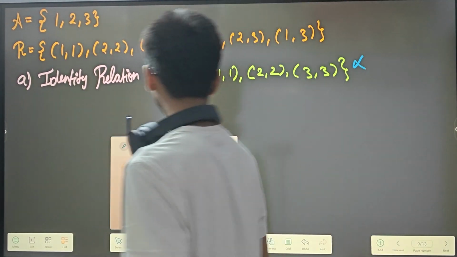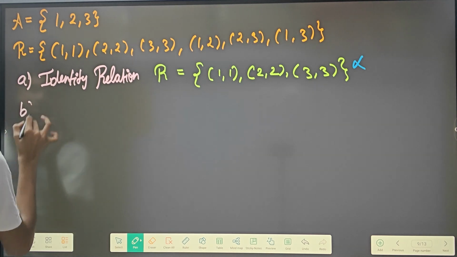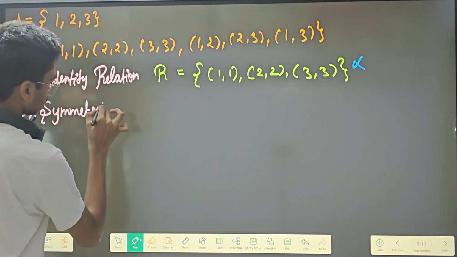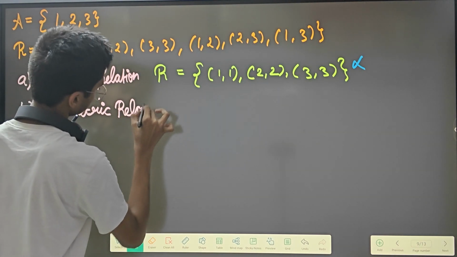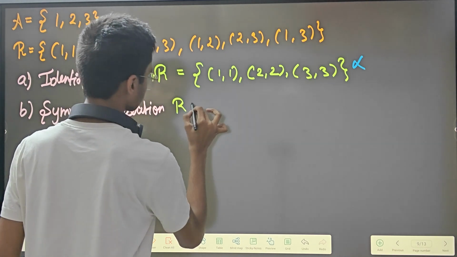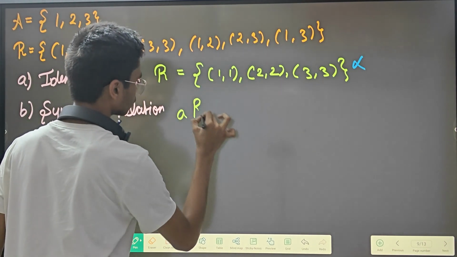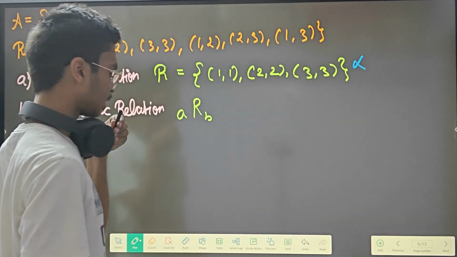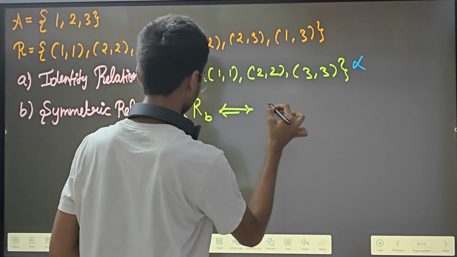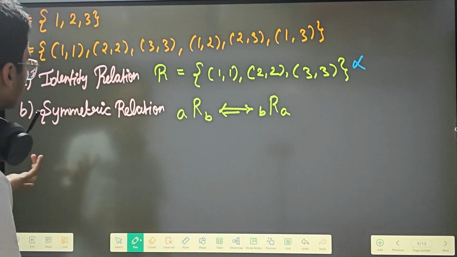Next we have to find whether it is a symmetric relation or not. What is a symmetric relation? If A is related to B, then B should also be related to A. If this condition is there, then we can say that it is a symmetric relation.